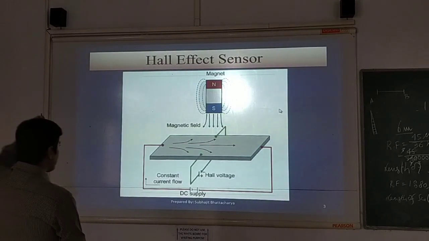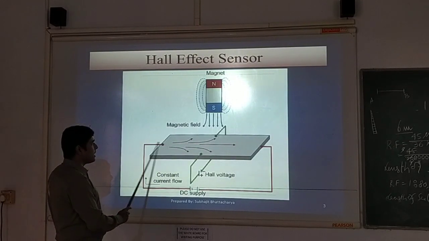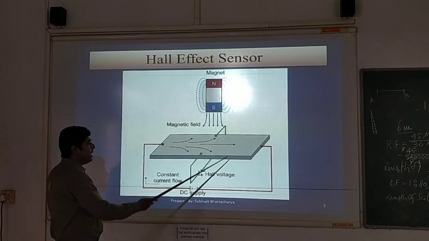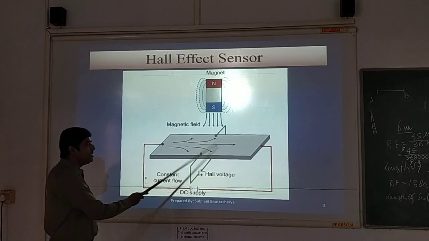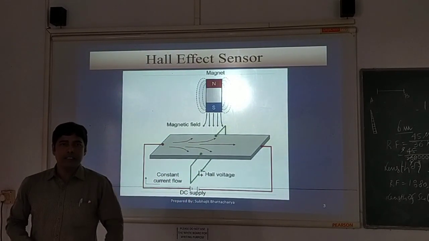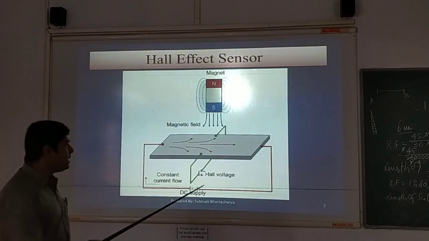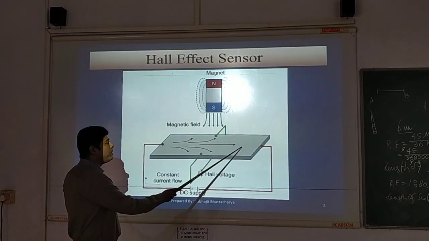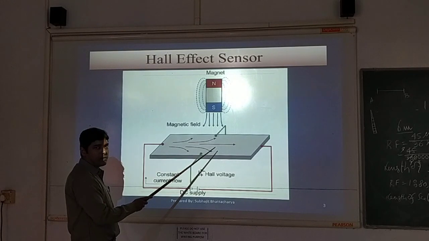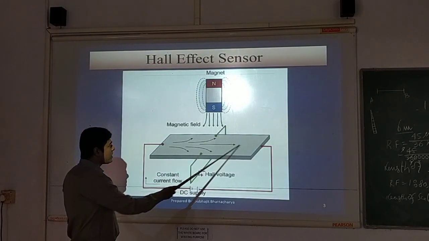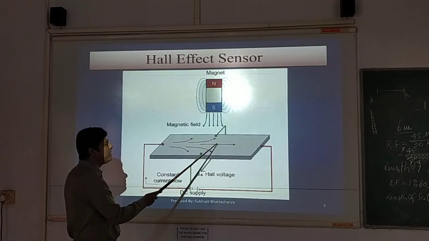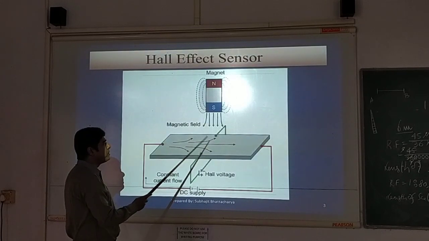There, a current flows. Suppose current is flowing in this direction. If it is a metal conductor, then the charge carriers will be electrons. So electrons are moving in this direction with some drift velocity, and magnetic field is there, and due to that they experience a force.